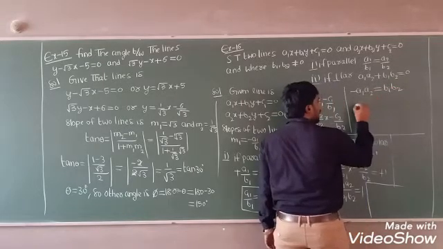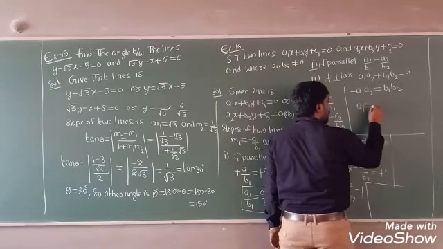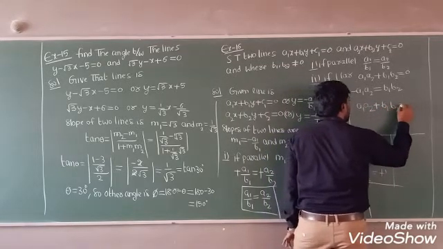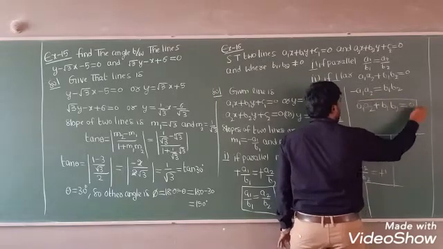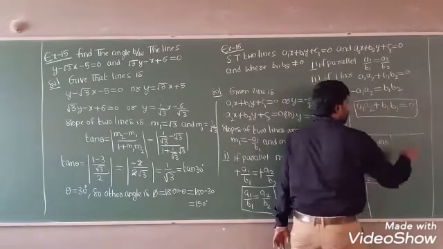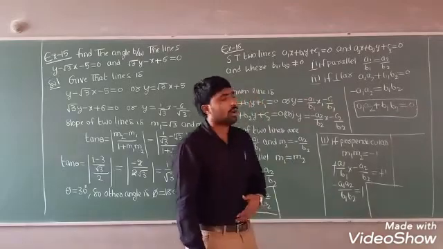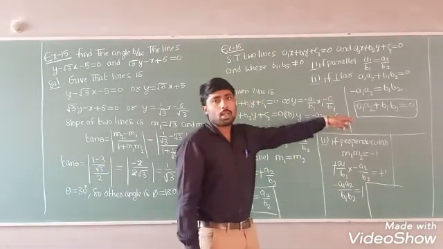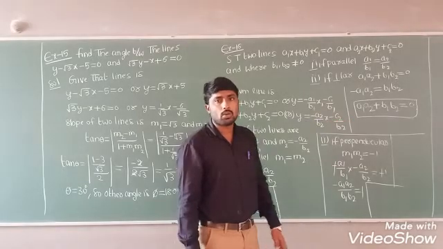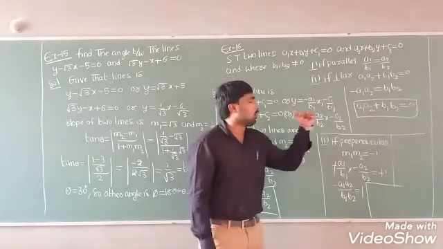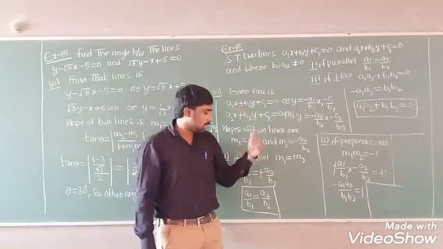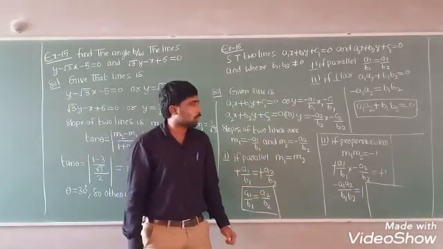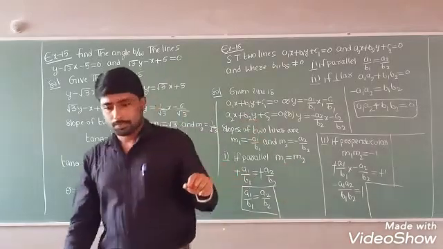If it goes to that side, what I will get here? a1 a2 plus b1 b2 equal to 0. Okay. If two general lines of a straight line are perpendicular, the condition is a1 a2 plus b1 b2 equal to 0. If two lines are parallel, the condition is a1 by b1 equal to a2 by b2. Okay. All of you note down this.